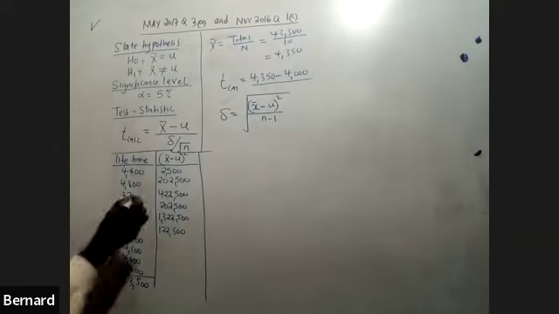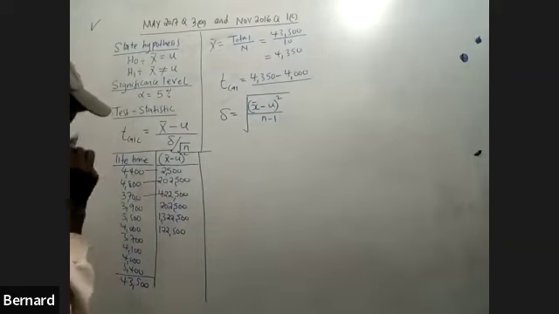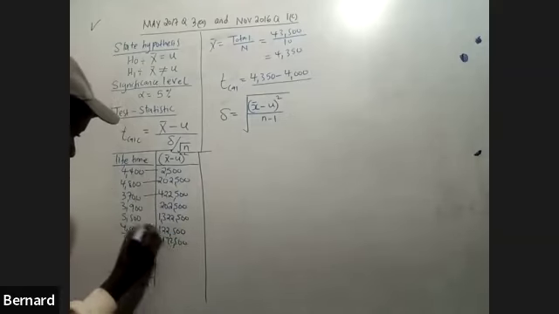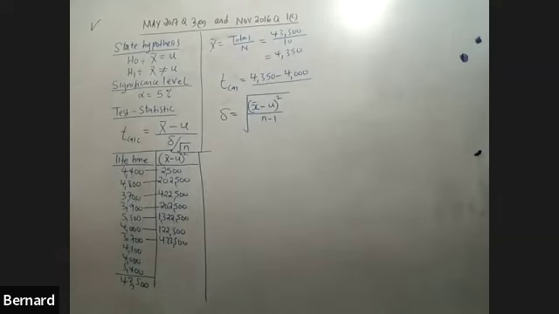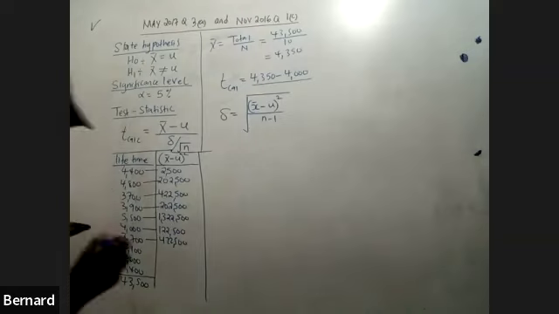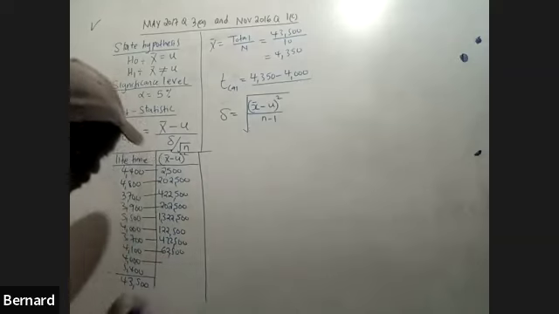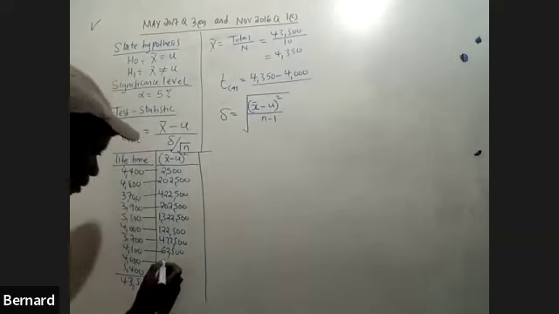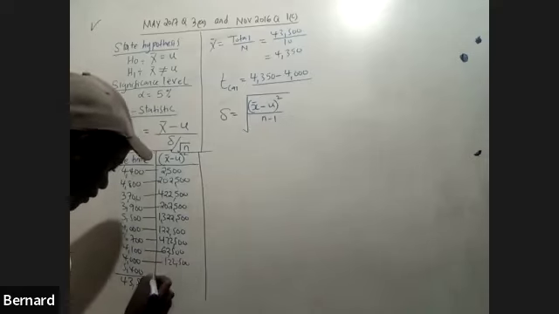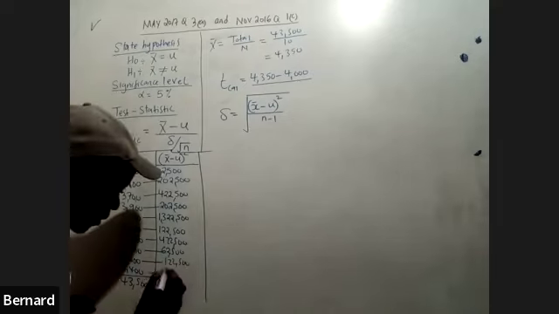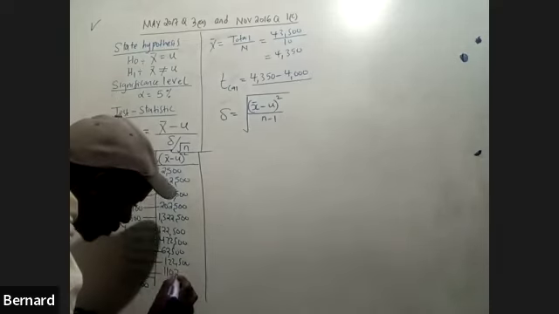Kwa 37 ni 422,500. Tunaenda kwa 41. 625.00. Tunaenda kwa 4,000. 122,500. Au tunamalizia kwa 54. 110,25.00.